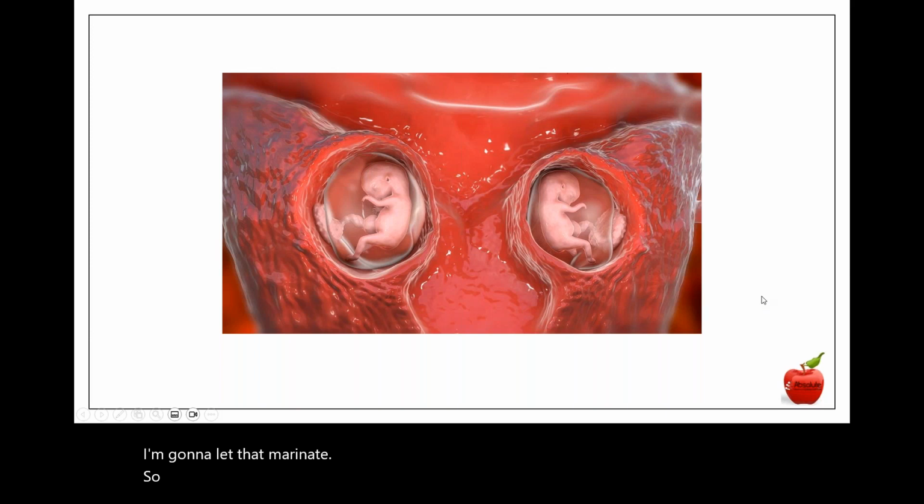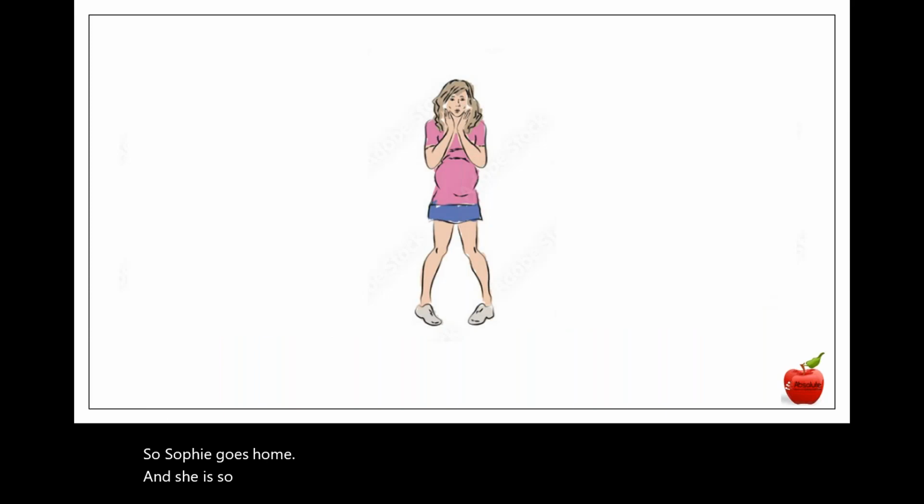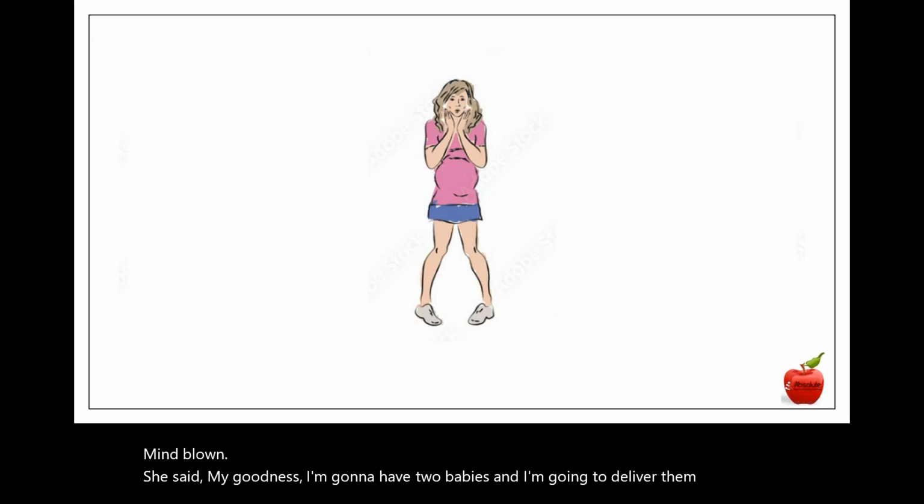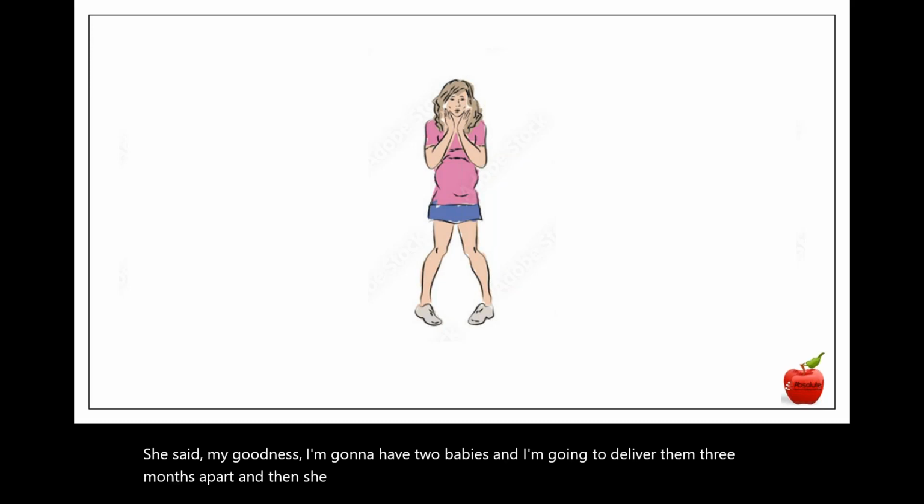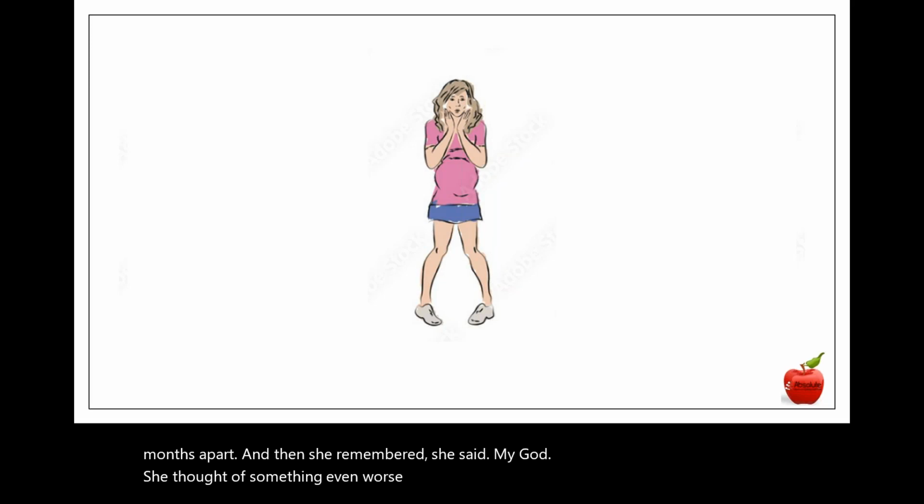Well, Sophie goes home and she is just mind blown. She's like, "Oh my goodness, I'm going to have two babies and I'm going to deliver them 3 months apart." And then she remembered, she said, "Oh my God." She thought of something even worse.